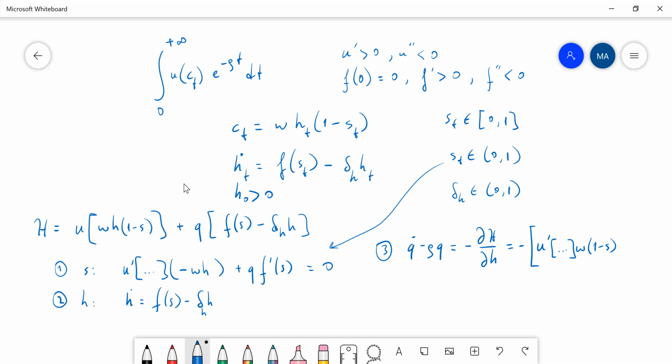Then I have plus q times minus delta_H. And finally, the transversality constraint: the limit as t goes to positive infinity of q_t e^(-rho t) h_t equals 0.